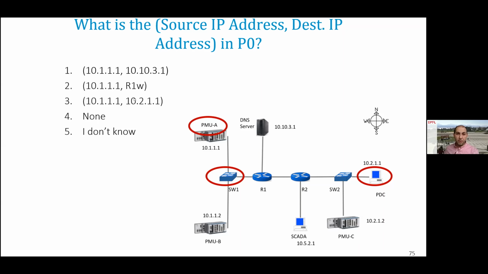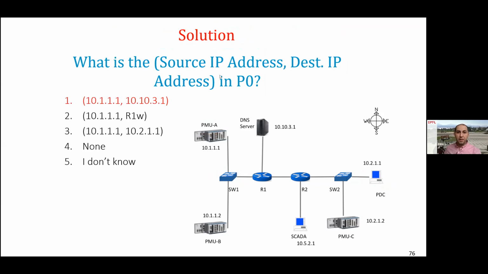The right answer is 1. Why? This is a DNS request, a message sent between PMU A and the DNS. So the final destination of this packet is the DNS, so the destination IP address should be the one of the DNS. And given that the source of this message is PMU A, the source IP address should be the one of PMU A. So finally, the first answer was the correct one.